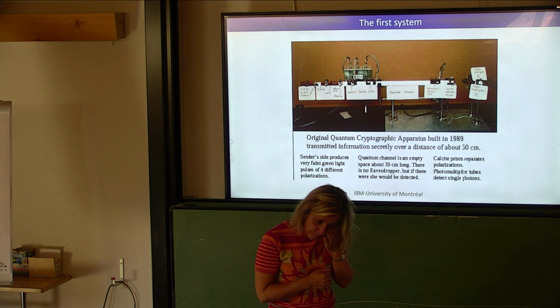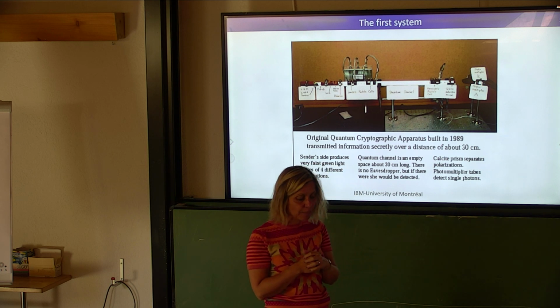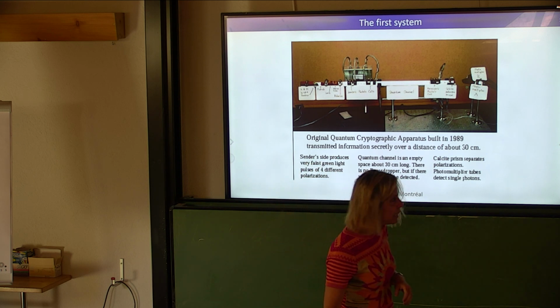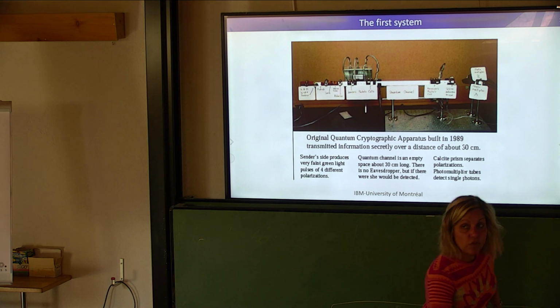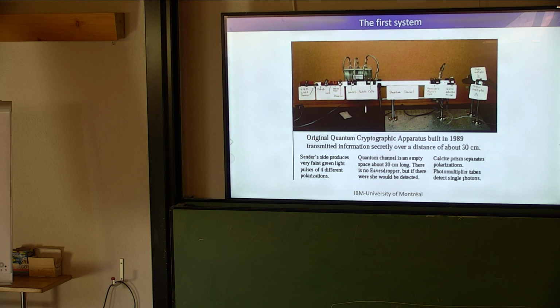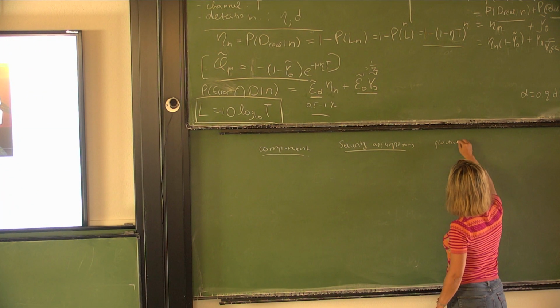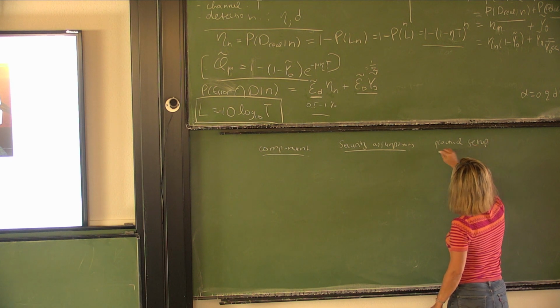So maybe I want to give you a couple of examples. For BB84, you can have the components, the security proof, the security assumption, sorry, the realistic implementation, the practical setup.